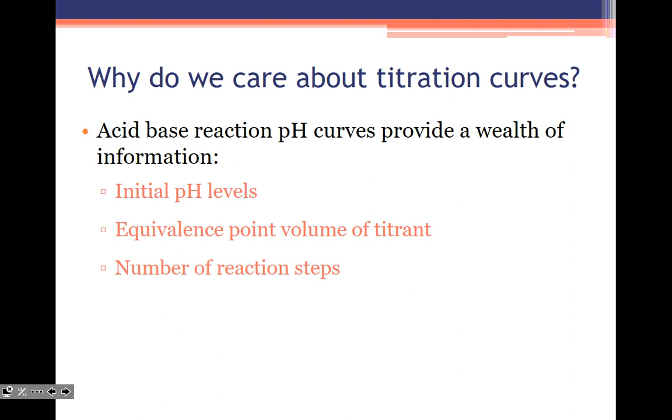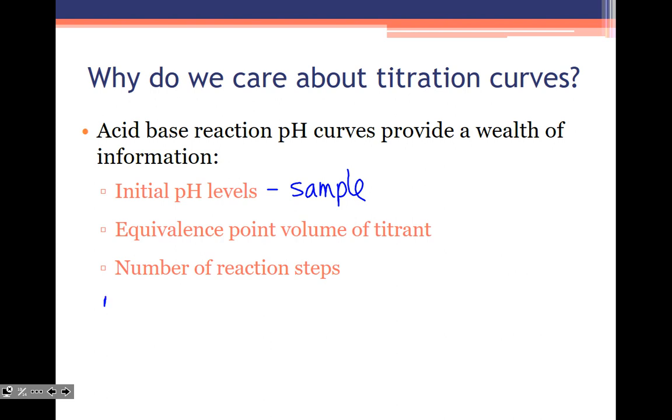It's that acid, right? Why do we care about titration curves? Acid-base reaction pH curves provide a wealth of information. It tells you the initial pH levels, and that's for your sample, right? That's talking about your sample. Equivalence point volume of the titrant, for sure, and the number of reaction steps.